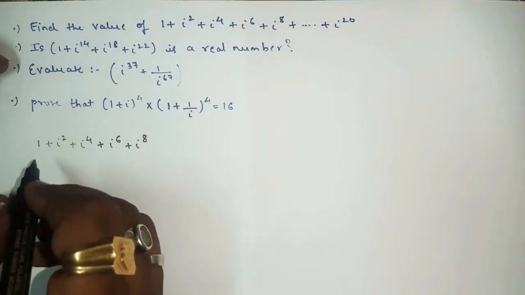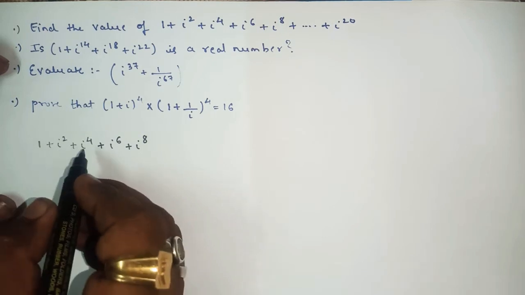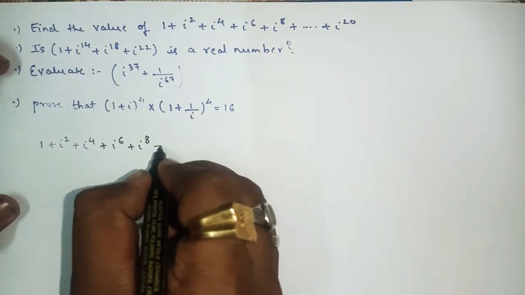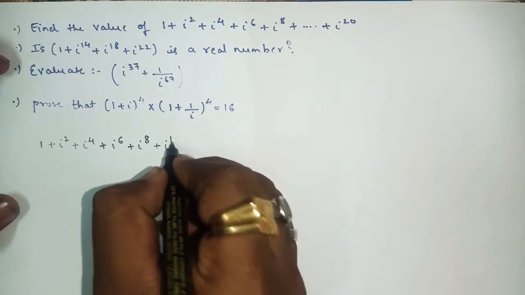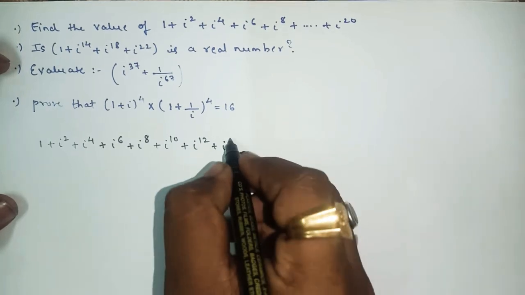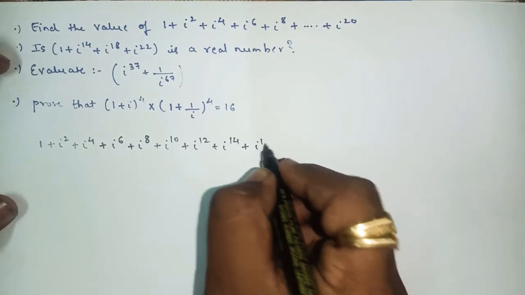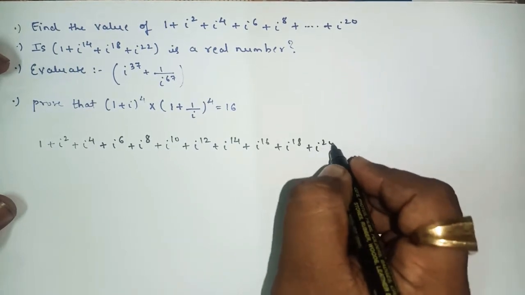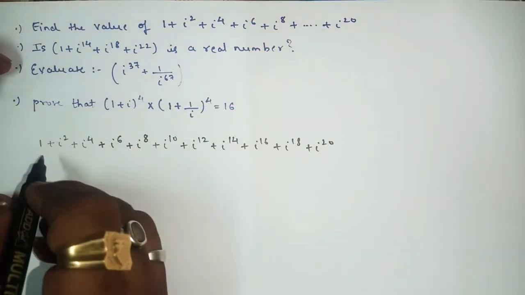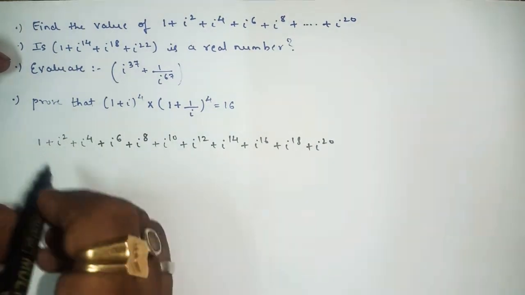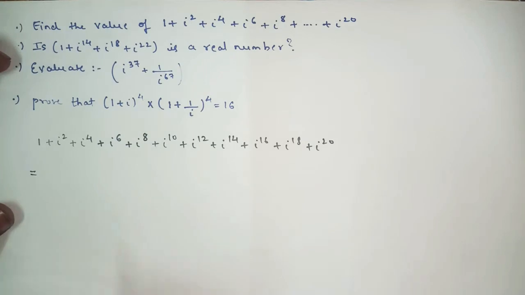Here we can write this as 1 plus I square plus I raised to 4, I raised to 6, I raised to 8, further I raised to 10, 12, 14, 16, 18, and 20. Now we have to find the value of this part, so here we'll write equal to instead of therefore, as we have to find the value for this section. Yes or no?